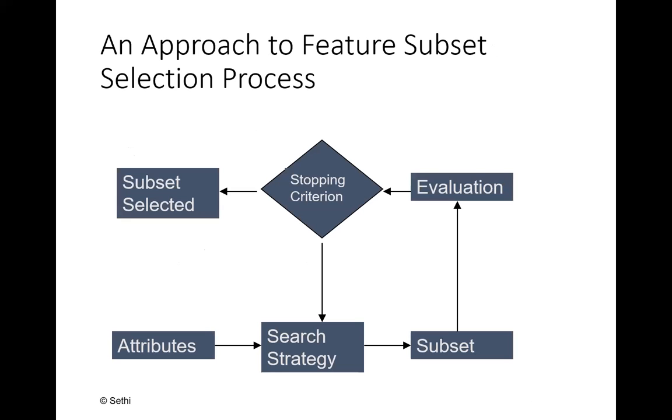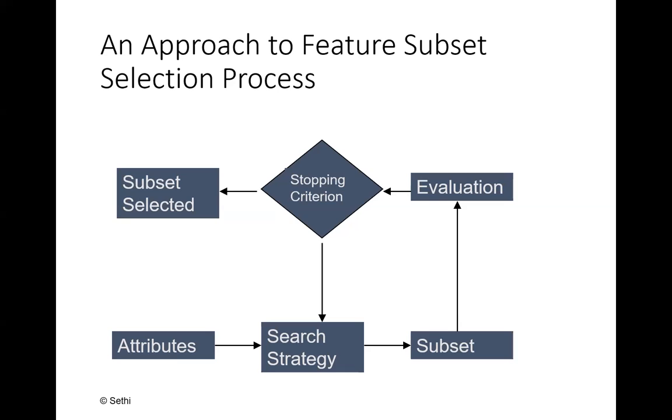So what one can do is think of an approach like this. You start at the bottom left with the attributes, and you have some method, let's call it a search strategy, which picks k attributes or defines what is the subset you want to pick. So you pick the subset, and then you need to have some kind of method that tells you how good that subset is. So you have an evaluation criteria.